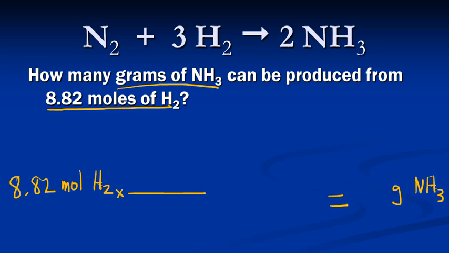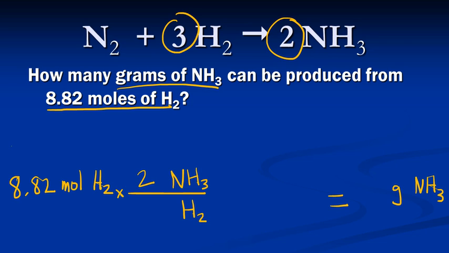Well, hopefully you see that H2 needs to go on the bottom, since that's what we're starting with. And NH3, ammonia, needs to go on the top. And the numbers that go into this mole ratio, well, you see that there's a 2 next to ammonia, so 2 there, and next to H2 is a 3. So this is a 2 to 3 ratio. H2 cancels top and bottom.